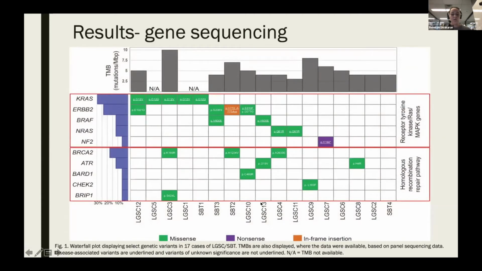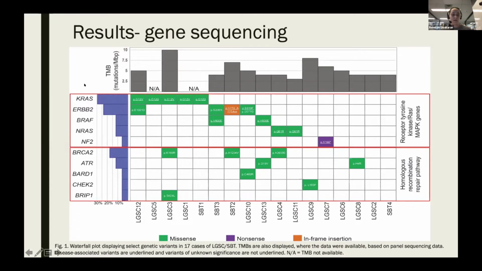This is a waterfall plot, which shows the tumours down the bottom, and each column corresponds to a single tumour. Up the top, you can see the tumour mutation burden, which across the board was relatively low. And to the left, you can see the common mutations that were found. So in the top left-hand box, you see all the mutations that were found in the RAS-MAPK pathway.